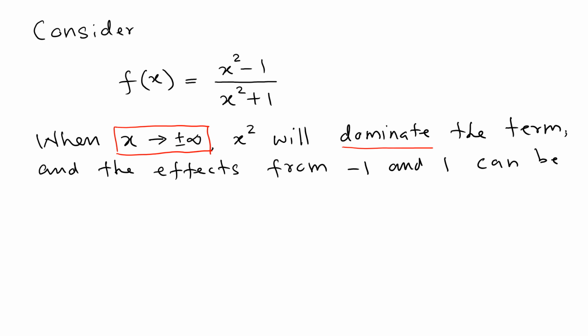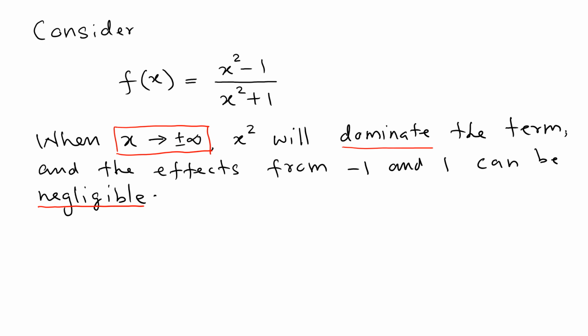It's a really interesting argument. They are negligible, so we can ignore the effect from negative 1 and plus 1. But remember, we cannot do that in other situations. We can only do this when x goes to infinity, either plus or minus infinity. Then you can ignore the smaller terms.